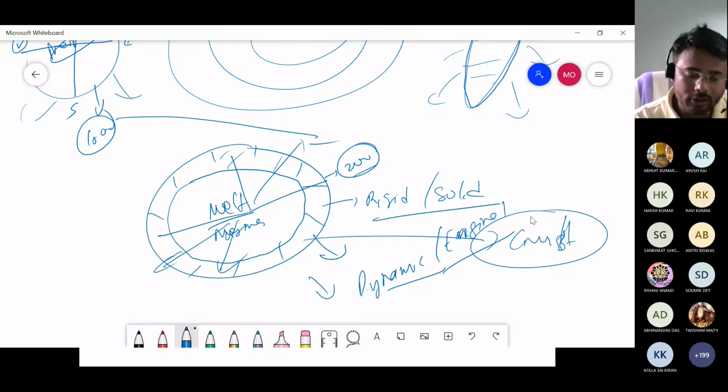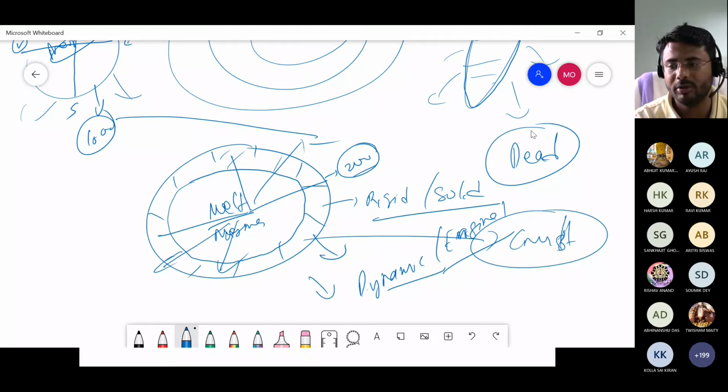On the contrary, any of the other planets are known as dead planets, because there is no more internal heat present in those planets. Understood?